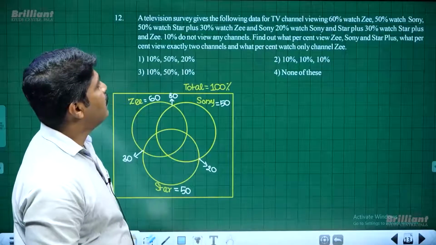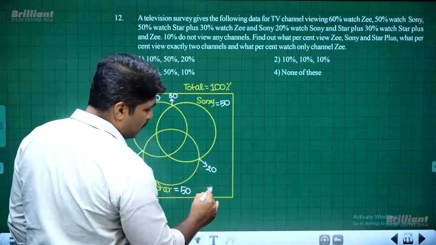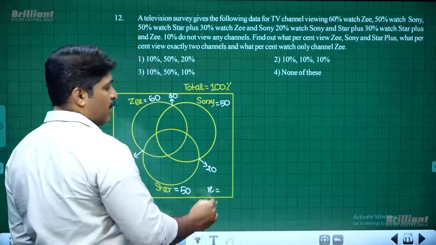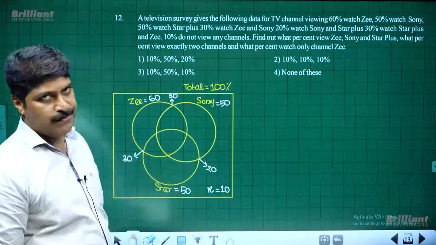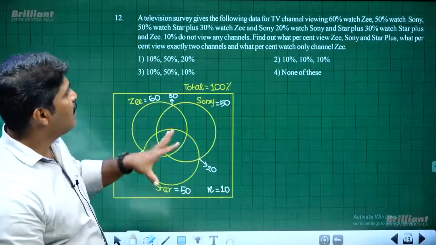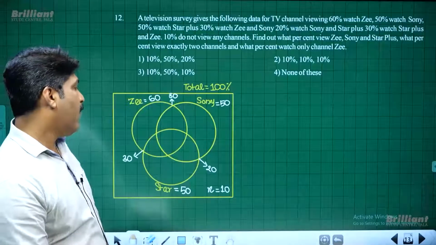And 10% do not view any channels. Suppose we consider that as neither. So that is 10%, outside of these circular regions. So these are the regions representing these persons.